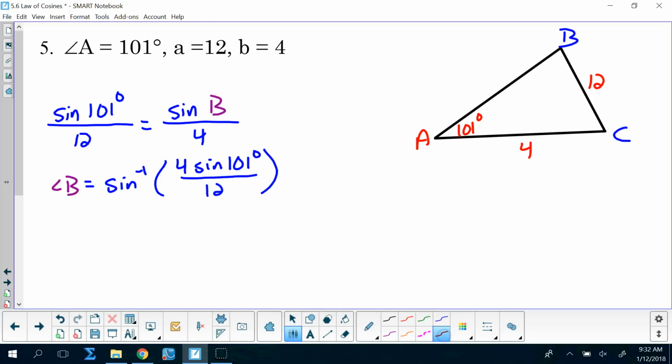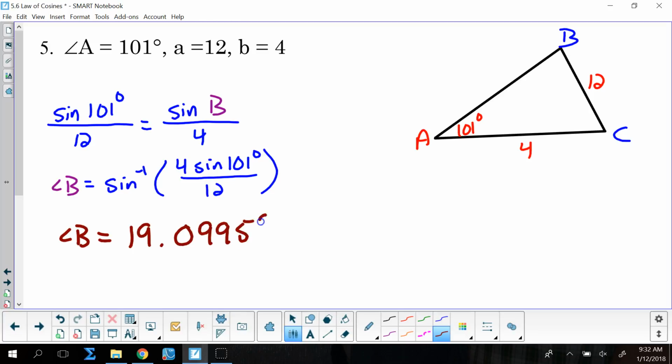So that gives me the fact that angle B here is, I get 19.0995 degrees. Concur? You might have rounded it up to 19.10 or 19.1.